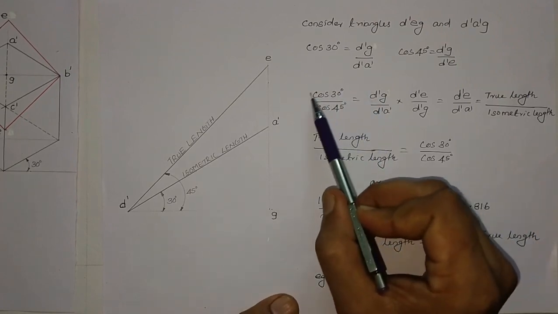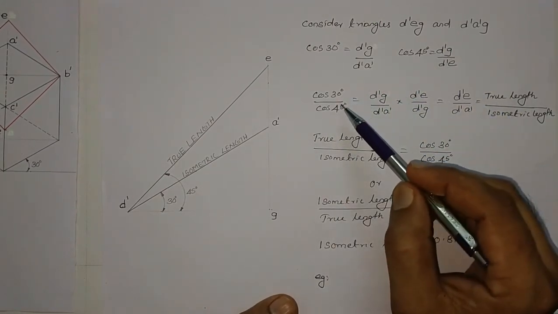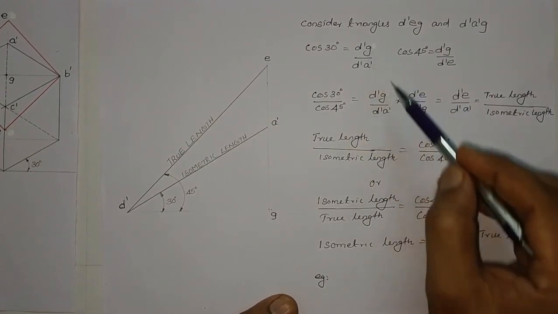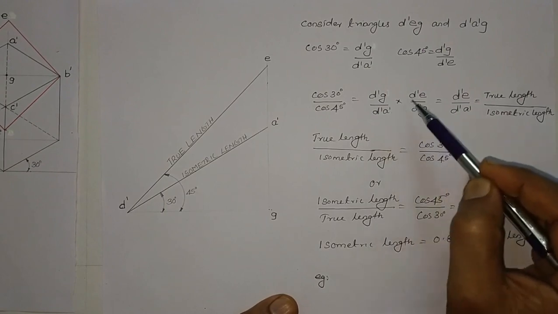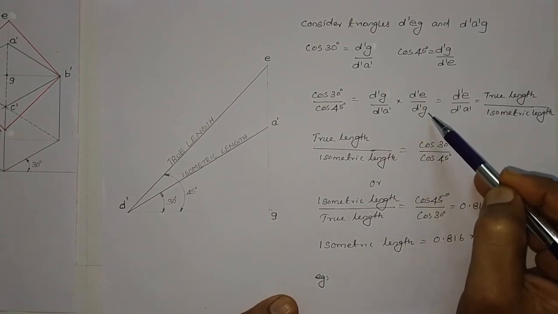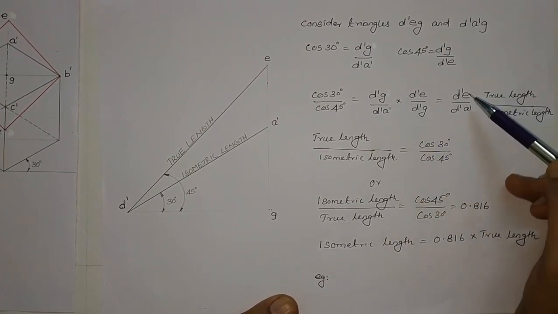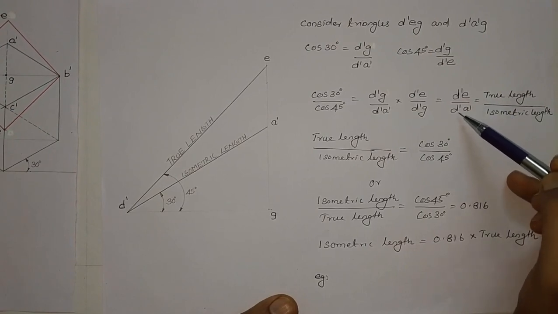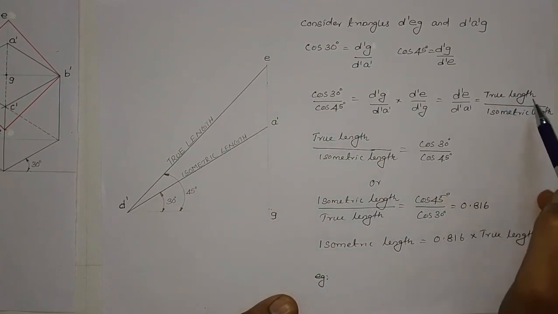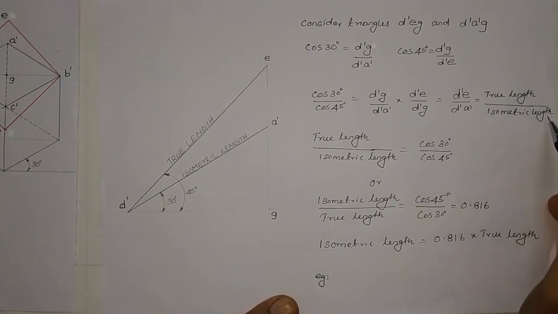We shall have a ratio of cos 30 divided by cos 45. So cos 30 divided by cos 45 is equal to d dash g divided by d dash a dash multiplied by d dash e divided by d dash g. These two will be cancelling each other, so finally it will be d dash e divided by d dash a dash. d dash e is equal to the true length, and d dash a dash is equal to the isometric length.